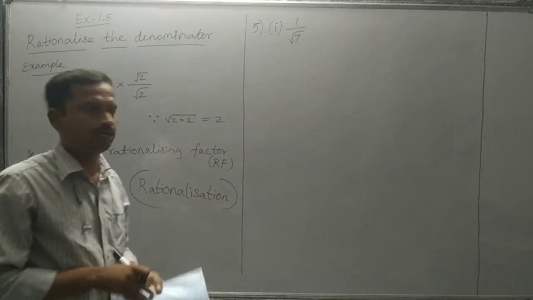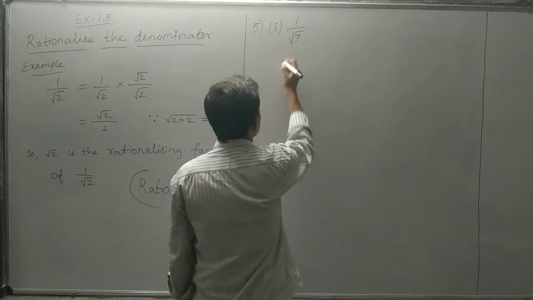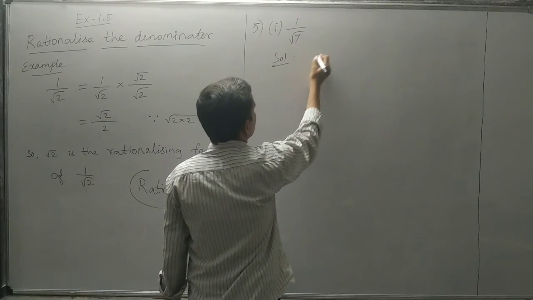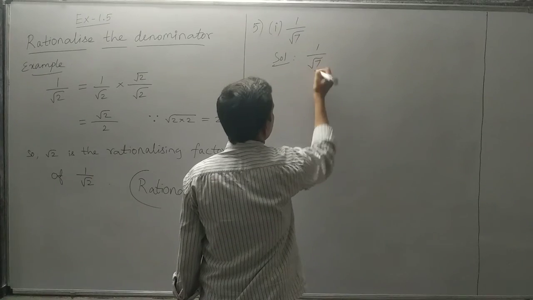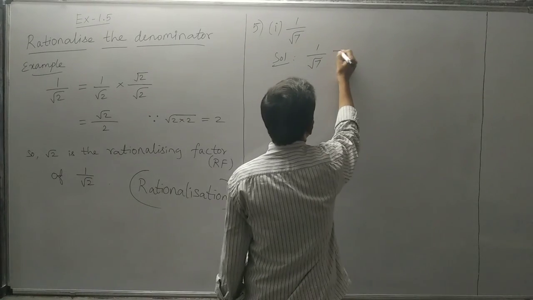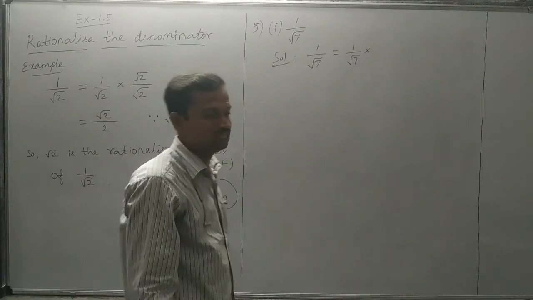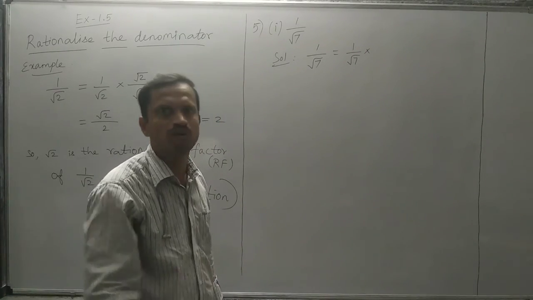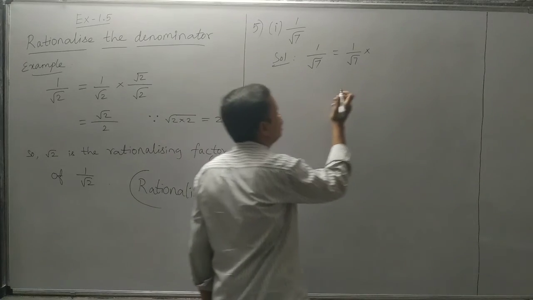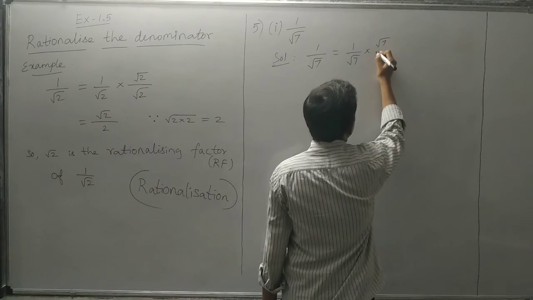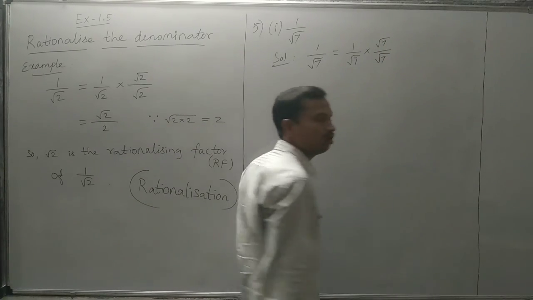Rationalize the denominator. So how can we say easily? By observing the previous problem, we can say 1 by root 7 into, what should be multiplied? What is the rationalizing factor here? The root 7 only. By observing the denominator, we have to tell what is the rationalizing factor.